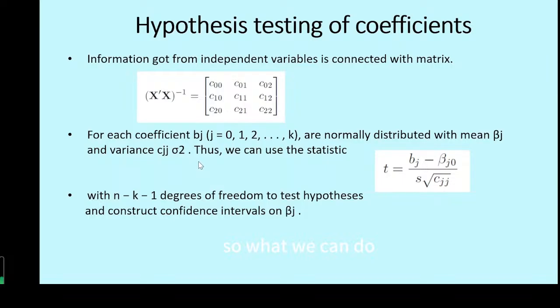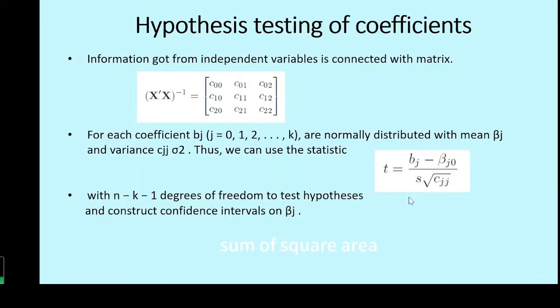So what we can do is only use the test statistic called T, which is the point value beta j minus the value we want to test, divided by the product of two parts. The first part is the square root of Cjj from this matrix, and the second part is the S.